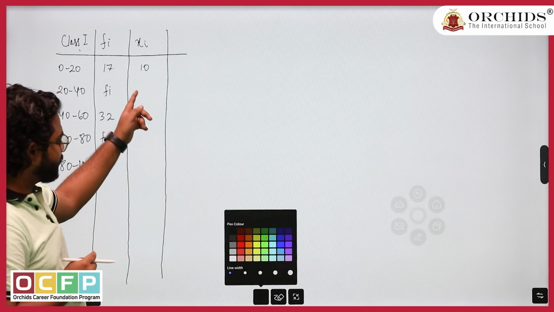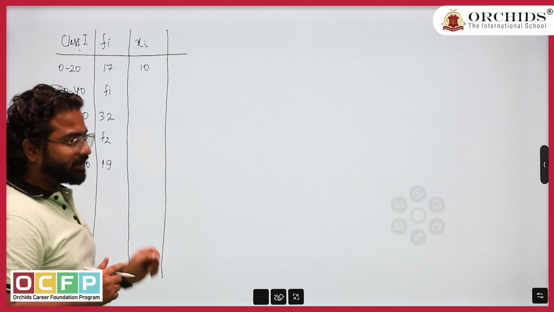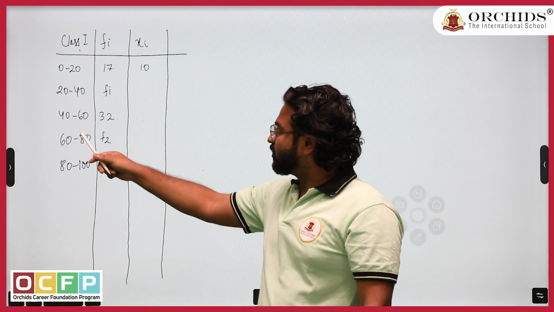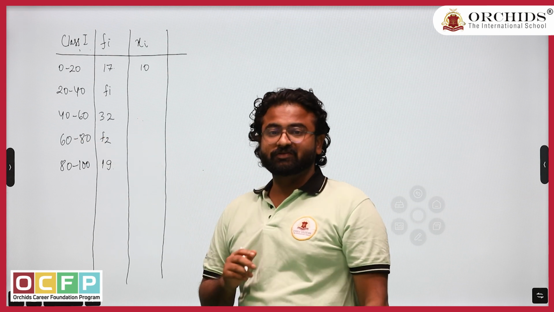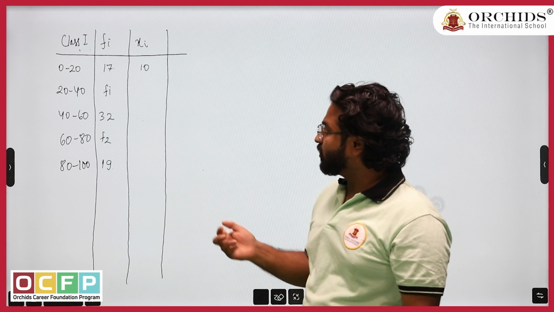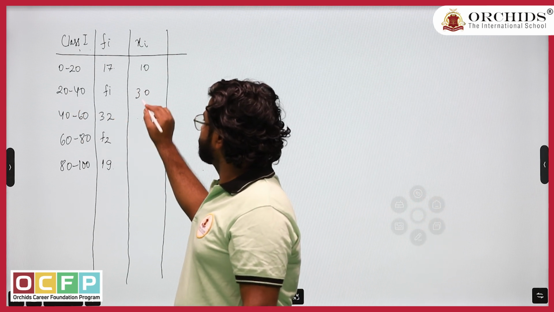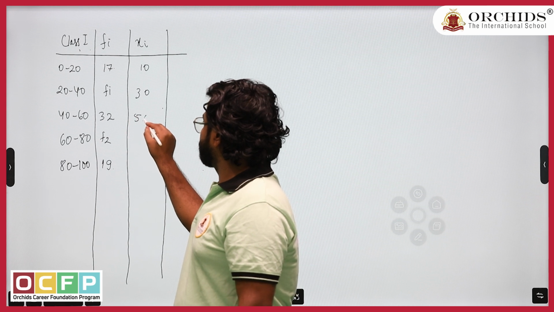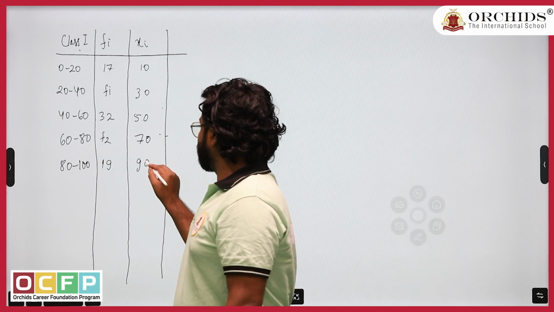I saw that I have written 20 here and 30 there, so the class mark always has to come in between. So I got to know that I made a mistake. In the same way you can figure out in the exam whether you are making any mistake or not. So from 20 to 40, what is the middle value? 30, then 50, then 70, and then 90.